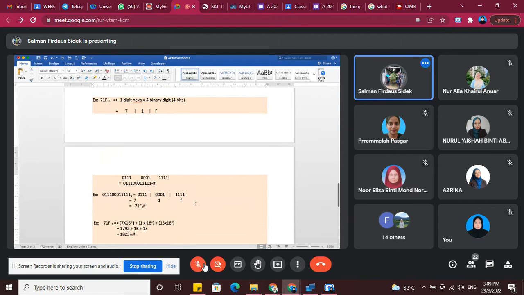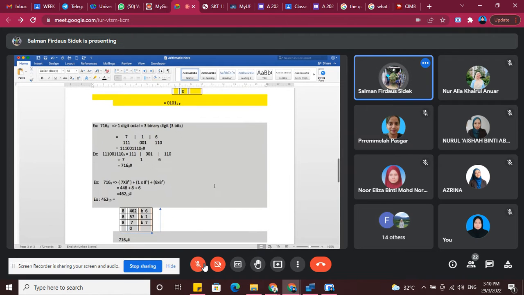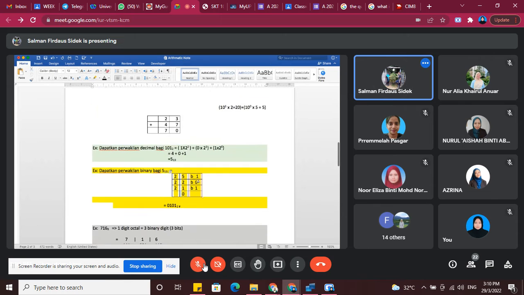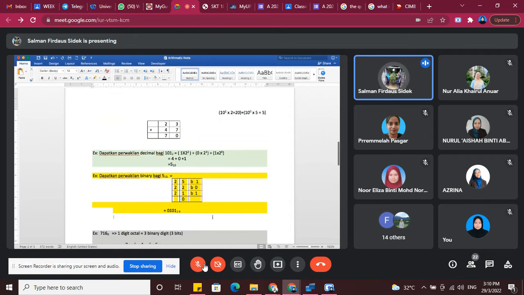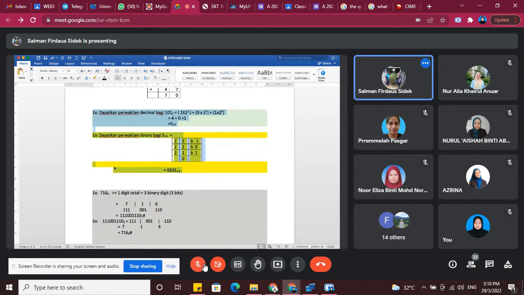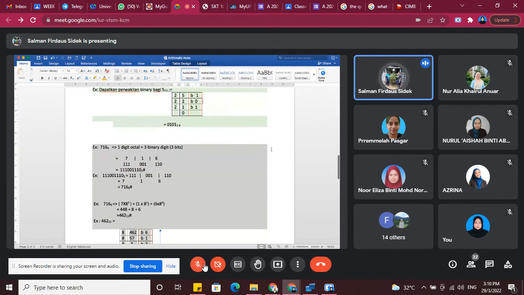This one is for hexa to binary and hexa to decimal. The grey one is for octal, binary and decimal. And this one I use one color lah, binary to decimal, decimal to binary, green lah. Alright. Dah selesai. Senang ke susah?